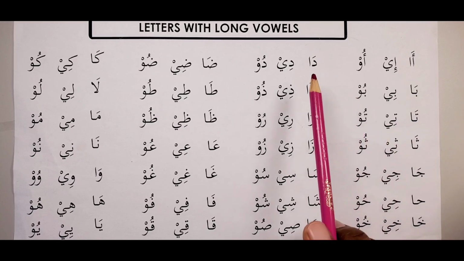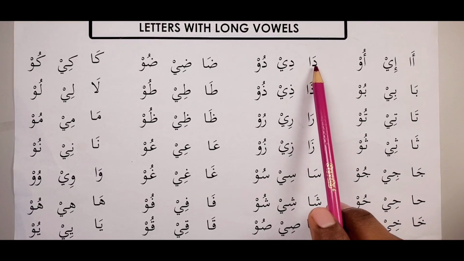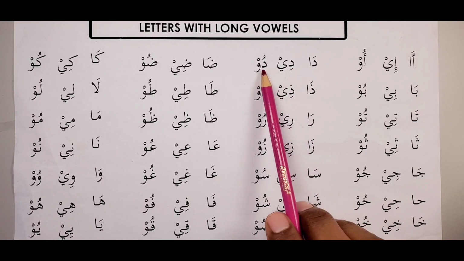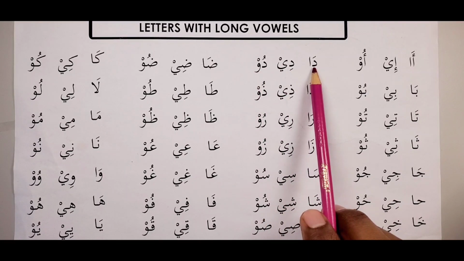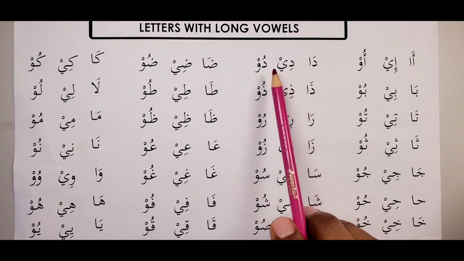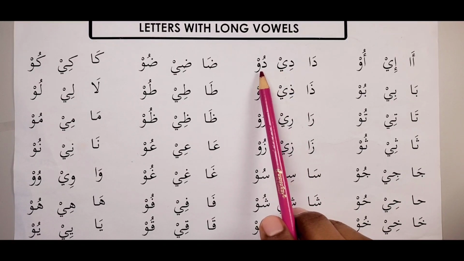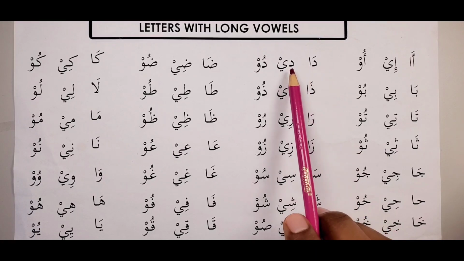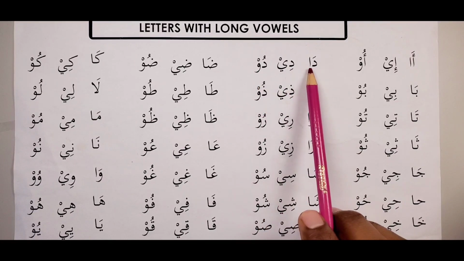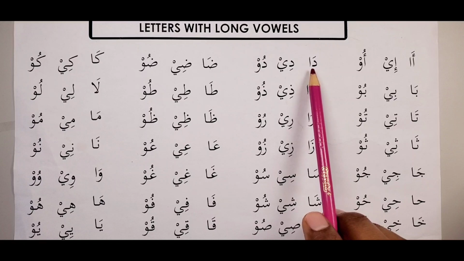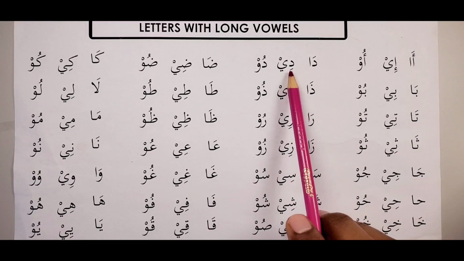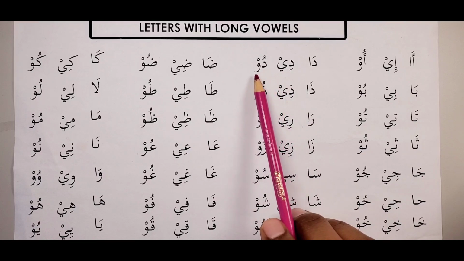Okay, so let's go to Da, Di, and Du. Da, Di, Du. If we didn't have the long vowels, we will have read them as Da, Di, Du. But we have the long vowels here, so we read them as Da, Di, Du.